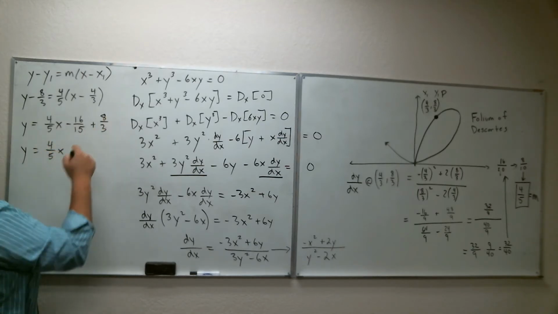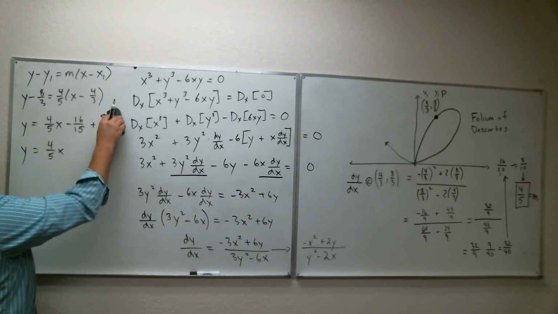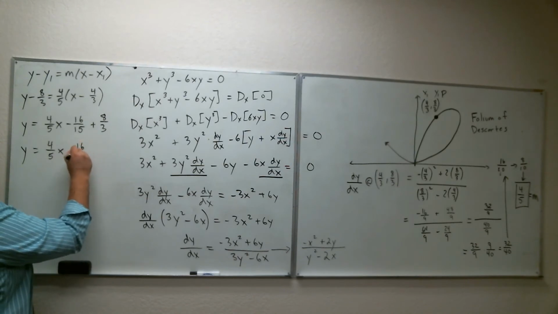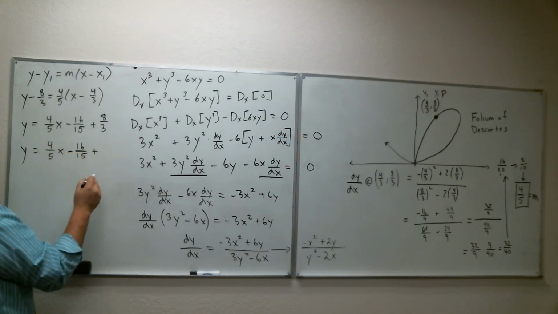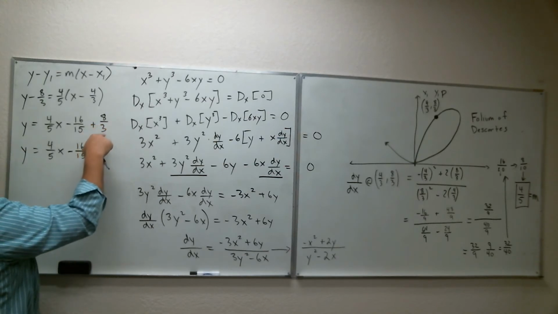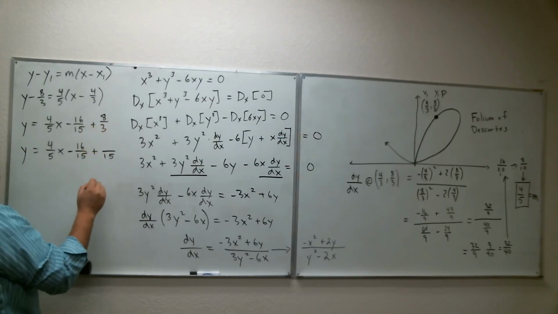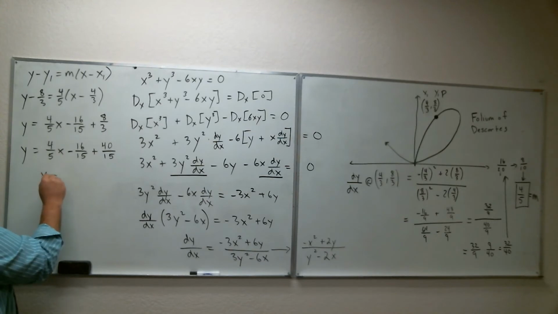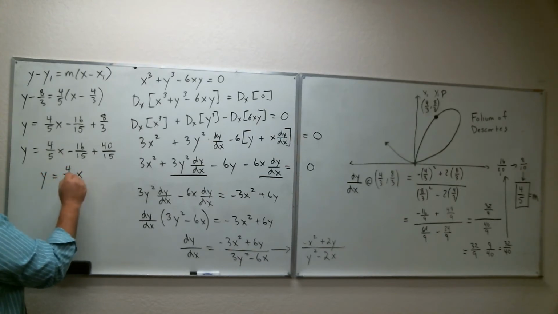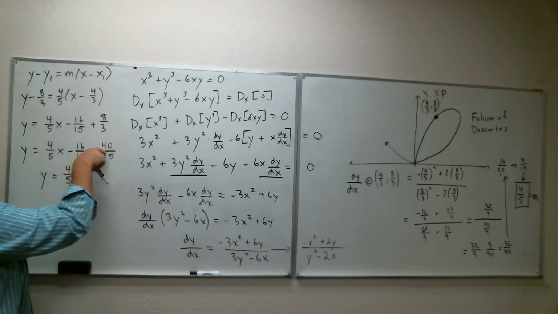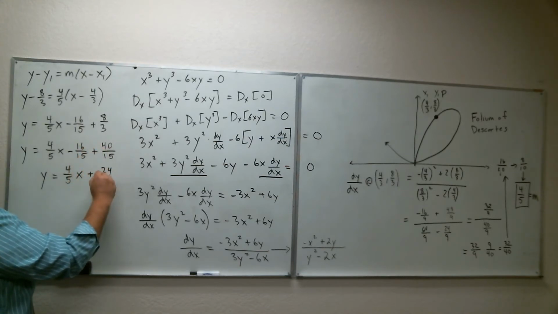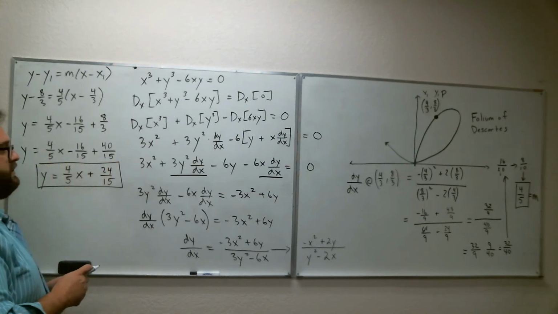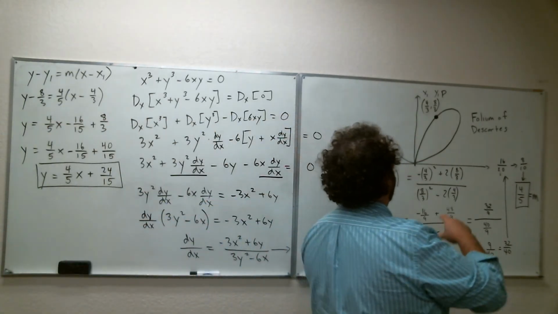Let's see, the common denominator here, minus 16 over 15, plus if we do 15, 3 times 5, we get 15, 8 times 5, we get 40, and so we get y equals 4 over 5x. Let's see, if we just combine these, we get 24 over 15. So that's the equation of the tangent line at this point.